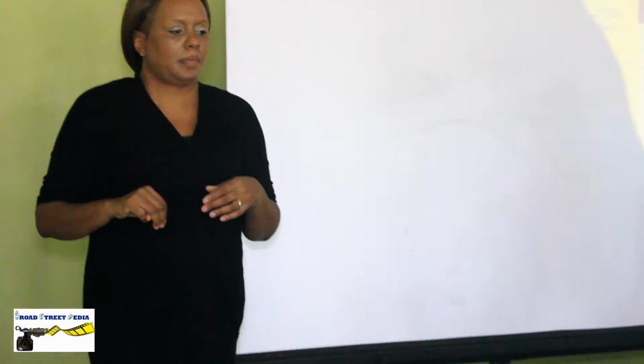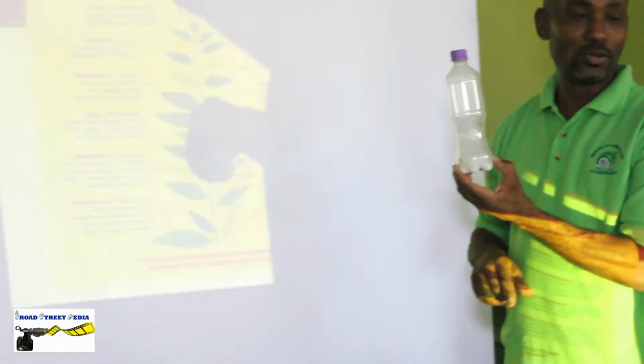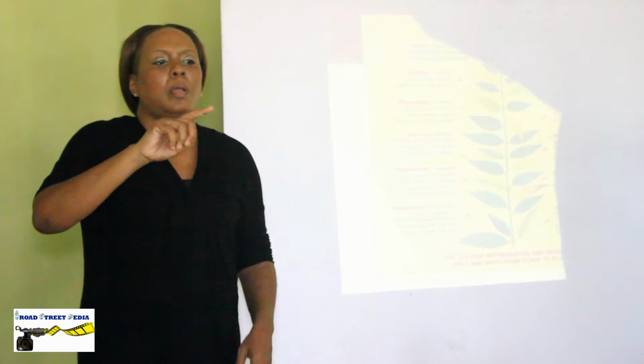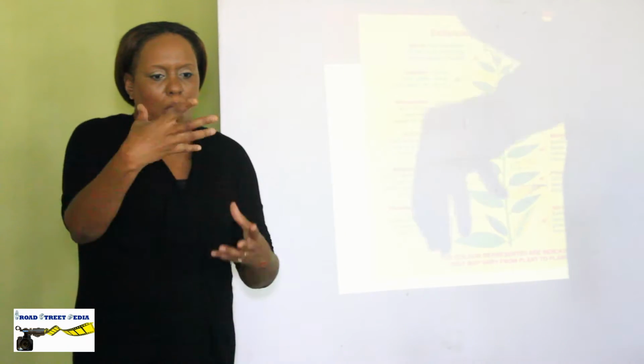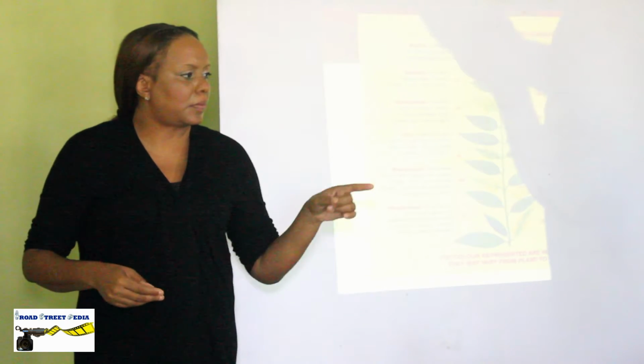This example we have here is the soluble one. When you put it in water and dissolve it, and then you apply it to the plant or to the soil. So this one you can actually mix with water.